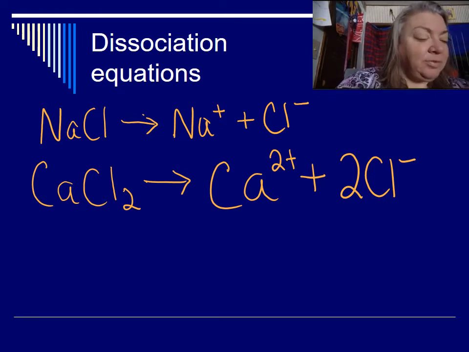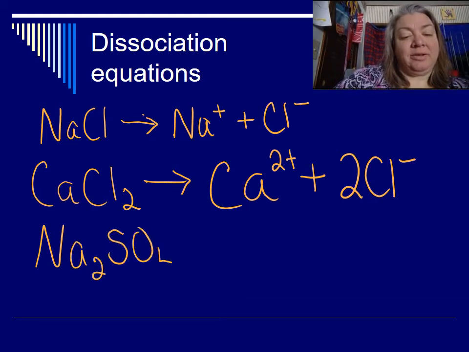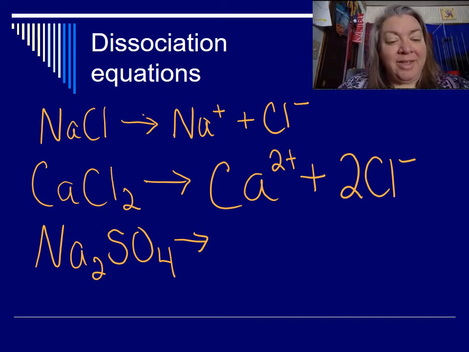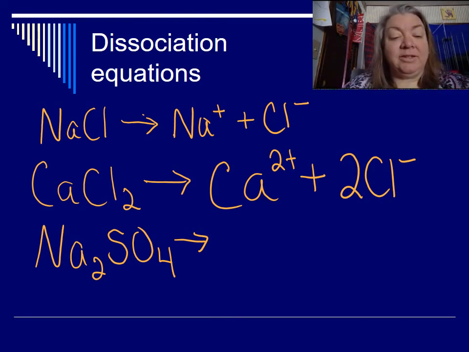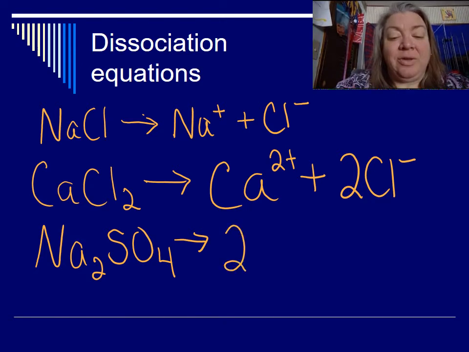One more example for you. Okay, how would you name this one? Na2SO4. That one is sodium sulfate. With sodium sulfate, the first thing we're going to notice is we have sodium. There's 2 of them. Again, they split from one another. They're individual ions.